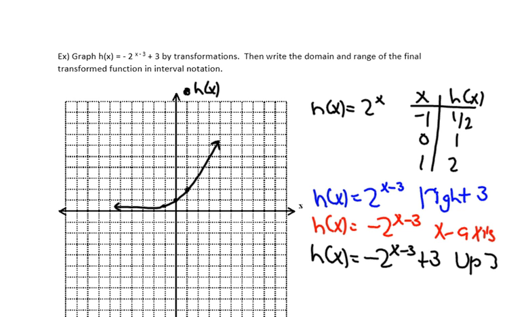Now I want to go to the right 3. Now I want to reflect across the x-axis.